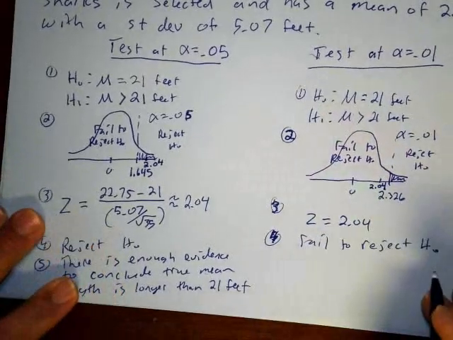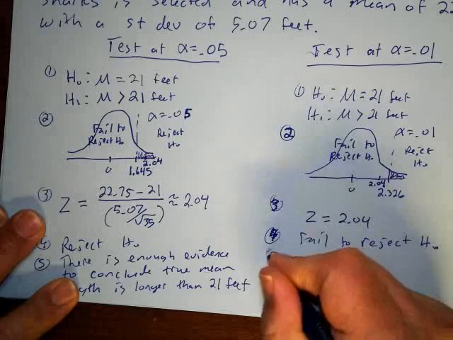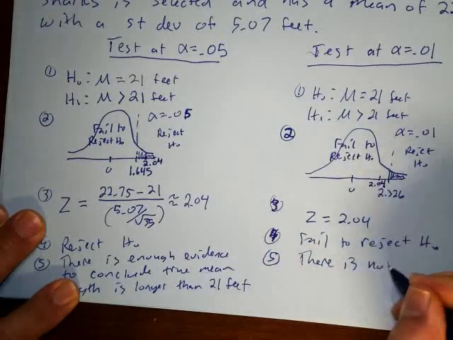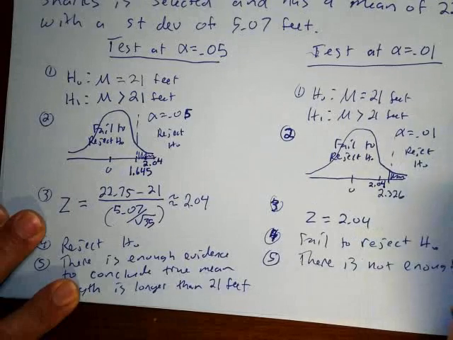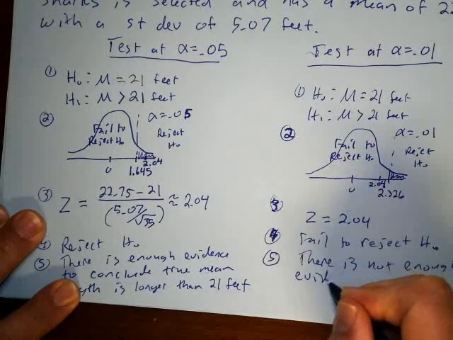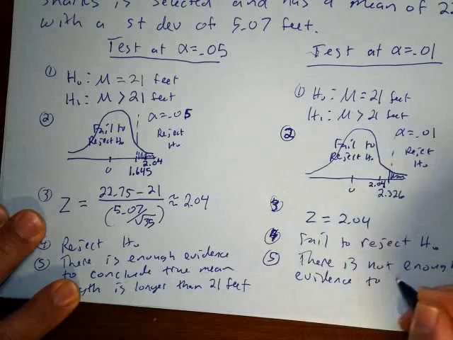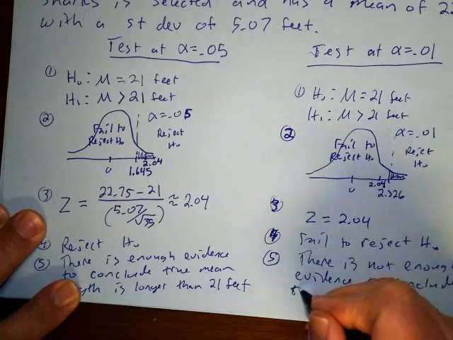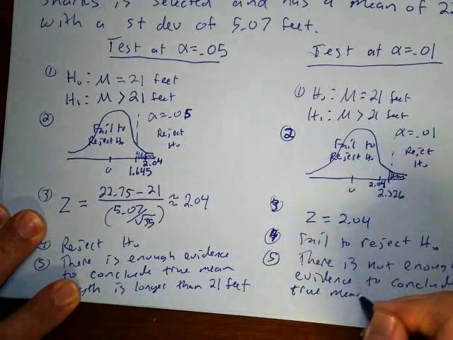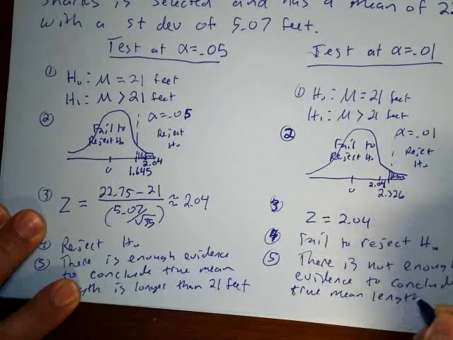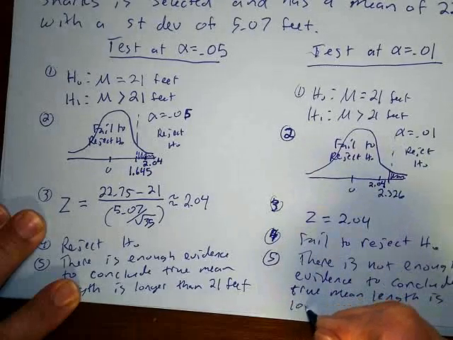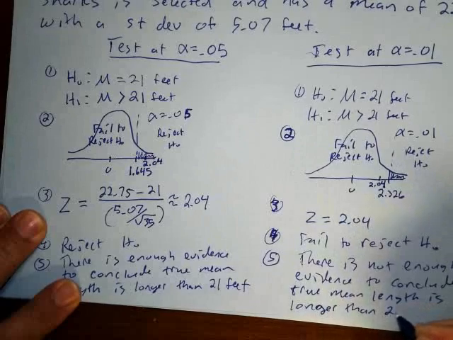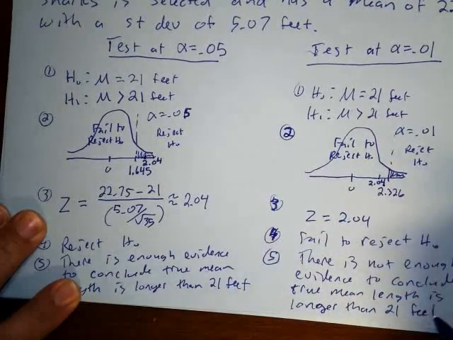So I failed to reject H naught, and so step 5 would be there is not enough evidence to conclude true mean length is longer than 21 feet.